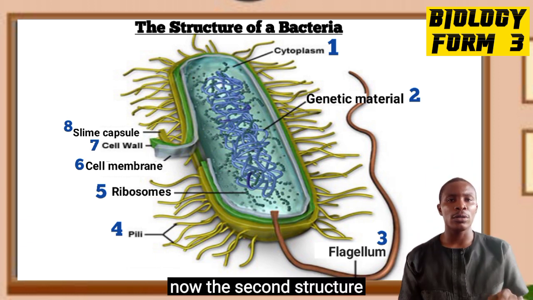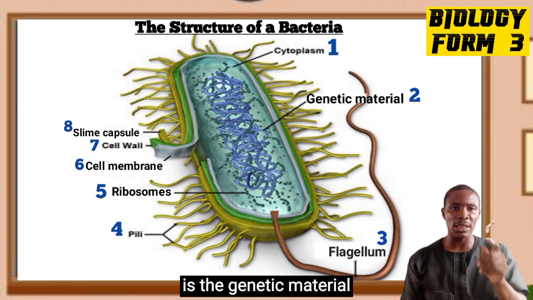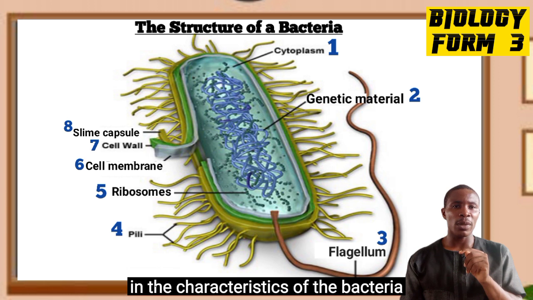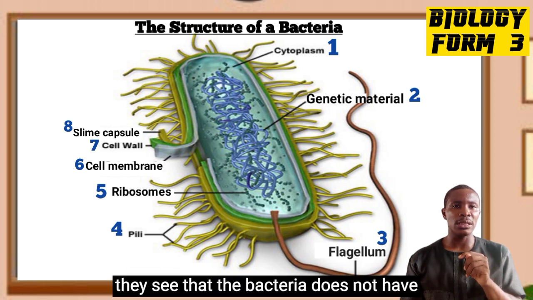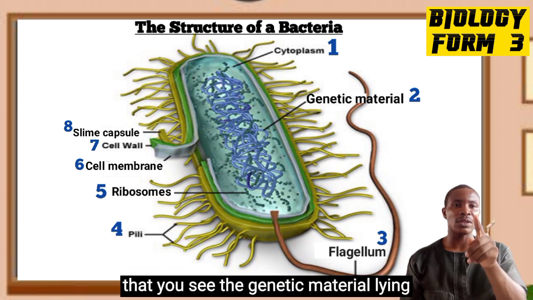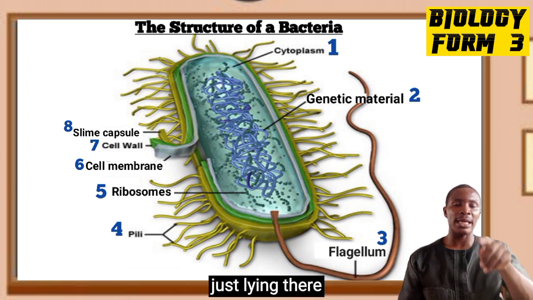Now, the second structure, structure number 2, is the genetic material. You realize that in the characteristics of the bacteria, they say that the bacteria does not have a true nucleus. And it is for this reason that you see the genetic material lying inside the cytoplasm, just lying there.